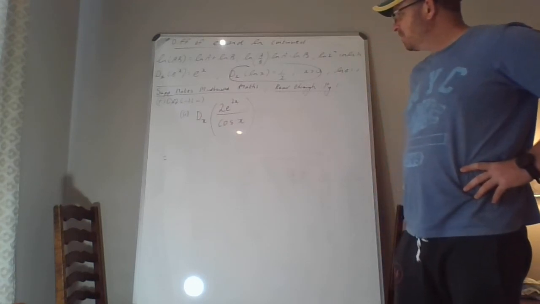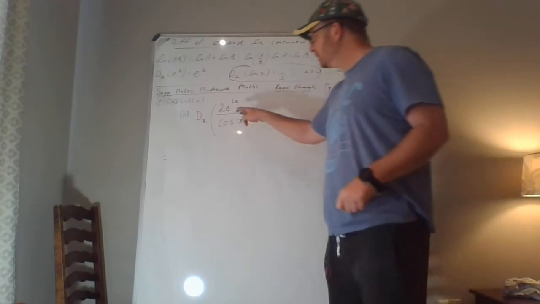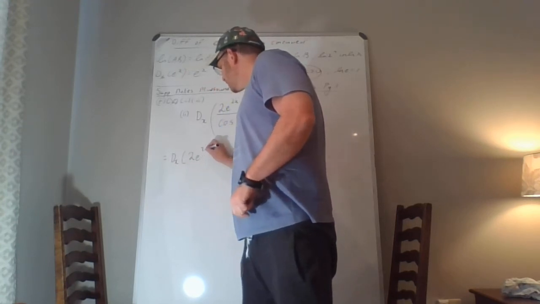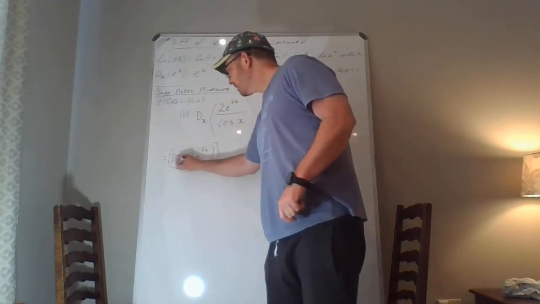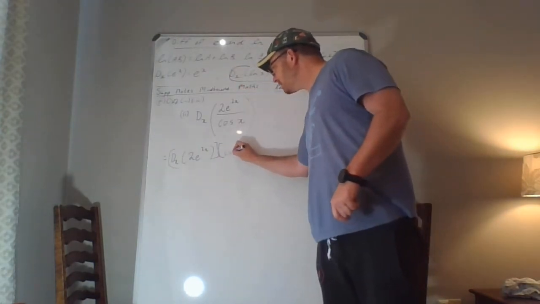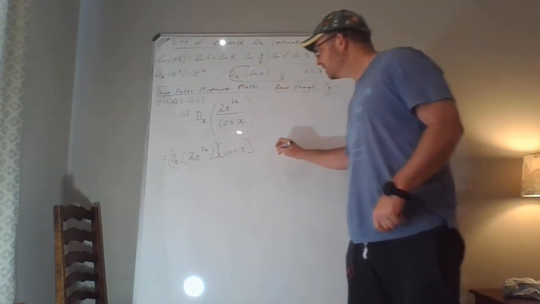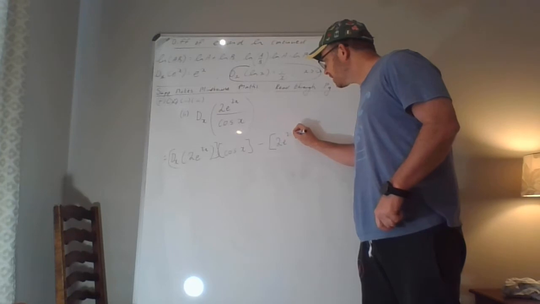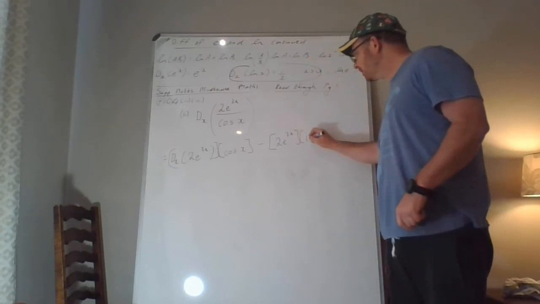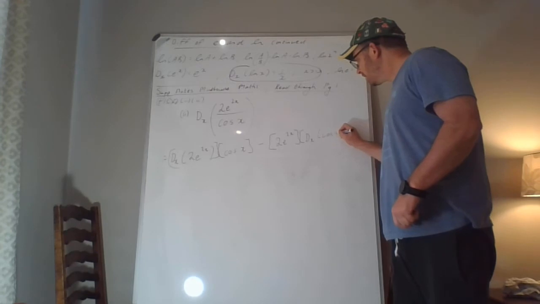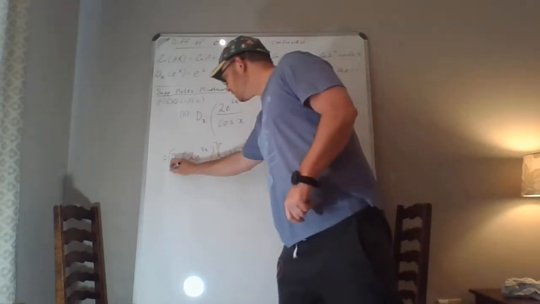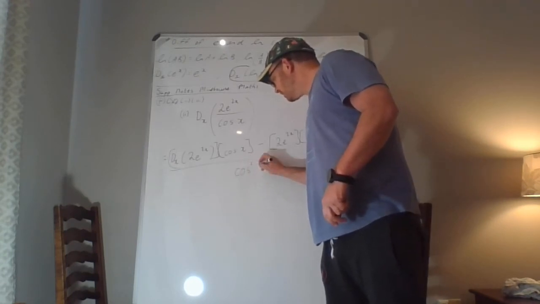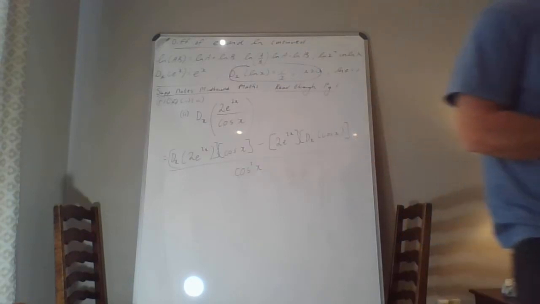Using the quotient rule, we take the derivative of the top, the derivative of 2e to the 2x, times the denominator, which is cos x, minus, the other way around, the numerator times the derivative of cos x, all over the denominator squared, which is cos squared x.